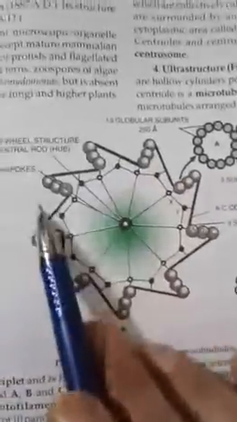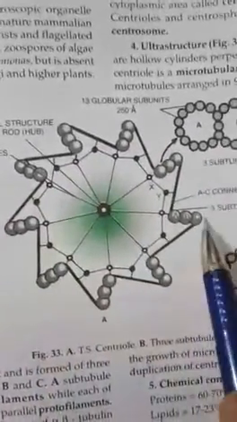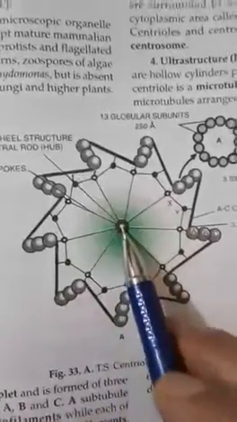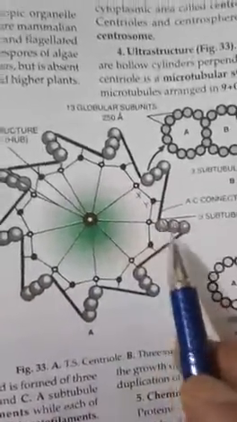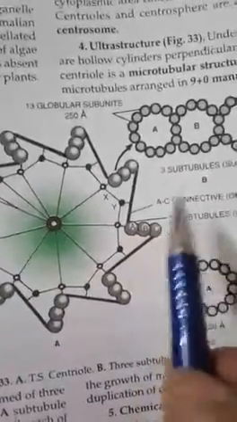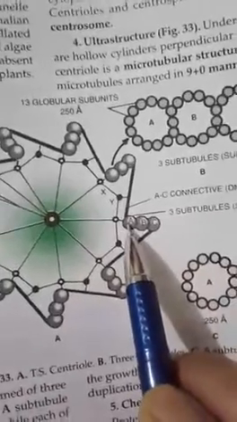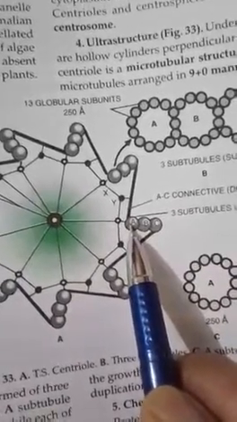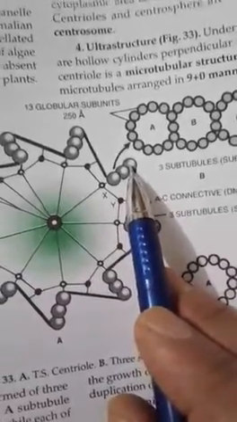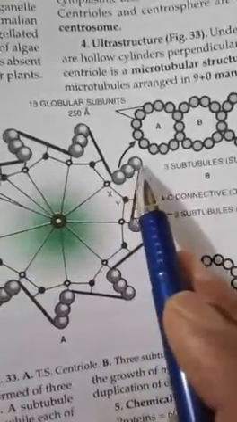Now come to this diagram. These three triplets are the microtubules only. Okay, this is the central hub and these are radial spokes. How are they attached? Suppose I am labeling these microtubules A, B, C. The A microtubule of one of the triplets will get attached with this connective to the C microtubule of the other triplet.